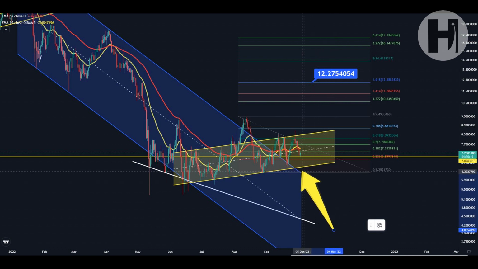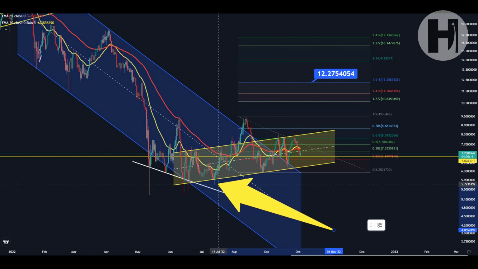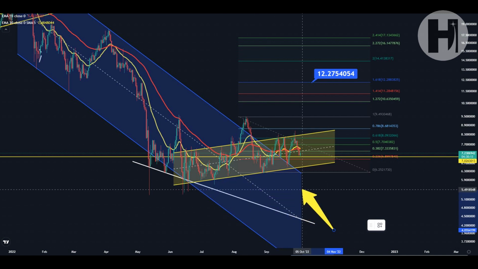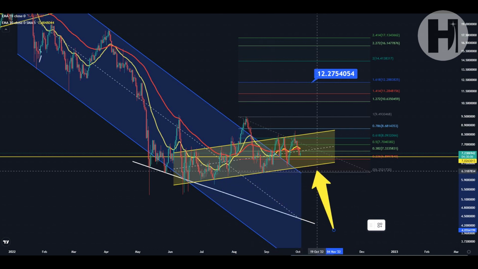So if you have a wick, just like you had a couple of wicks here, just like you had a wick here below the channel, that does not invalidate the channel. What we care about are the candle closes. Okay, so as long as the candle doesn't close below the channel support pattern, at that point we would not be dropping out of the channel pattern. Okay, so keep that in mind.